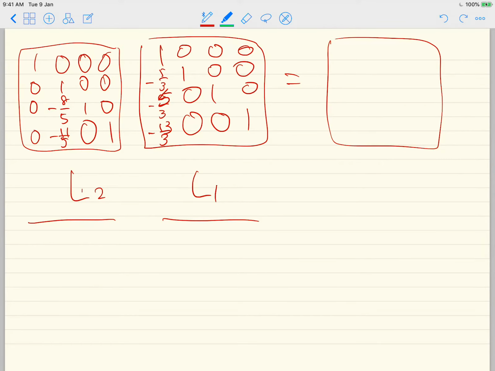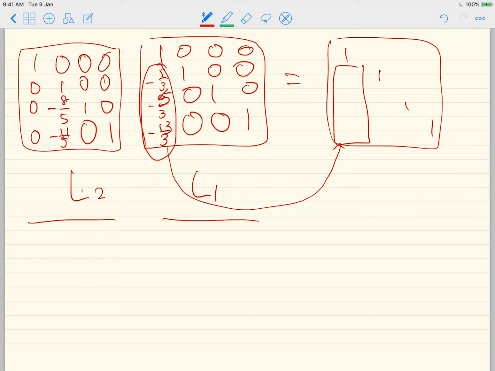But if we obtain this L1 and L2 in this form, then the resulting matrix of the product of these two will be just filling up this column into here. It was 8, right?